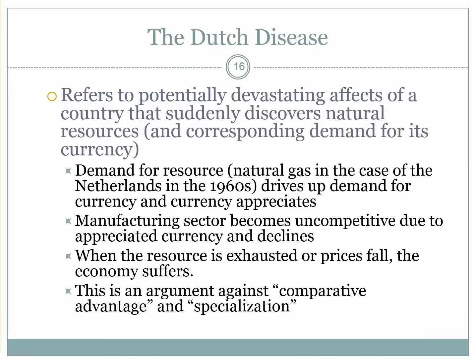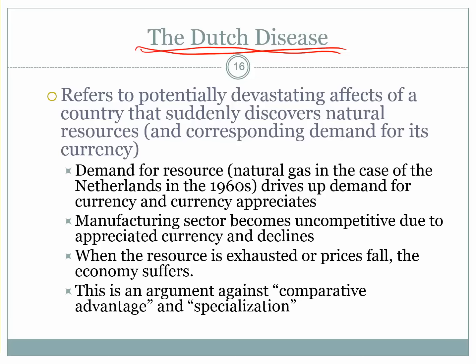Now, related to this is the idea of the Dutch disease. The Dutch disease refers to a potentially devastating effect of a strong currency. What happened in the Netherlands is the Dutch found natural gas in the 1960s. That industry thrived, so people from all over the world wanted to buy Dutch guilders, which was their legacy currency before the euro. And they bought the Dutch guilders and used them to buy natural gas.